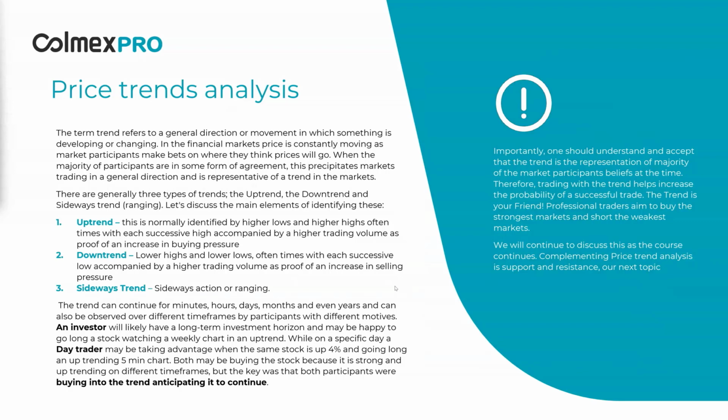Let's start with the uptrend. This is normally identified by higher lows and higher highs, each successive high accompanied by a higher trading volume as proof of an increase in buying pressure. Then we have a downtrend, and this is usually ruled by the sellers, where you have lower highs and lower lows, oftentimes with each successive low accompanied by higher trading volume as proof of an increase in selling pressure.